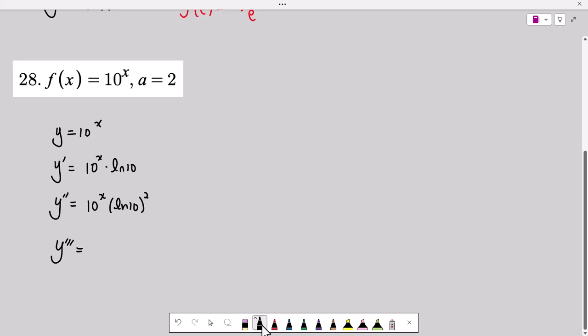So we're going to get ln 10 squared. And then we differentiate again. Ln 10 squared is a constant, so it just comes down. And then the derivative of 10 to the x is 10 to the x times ln 10, so we end up with another factor of ln 10. So we've got that.